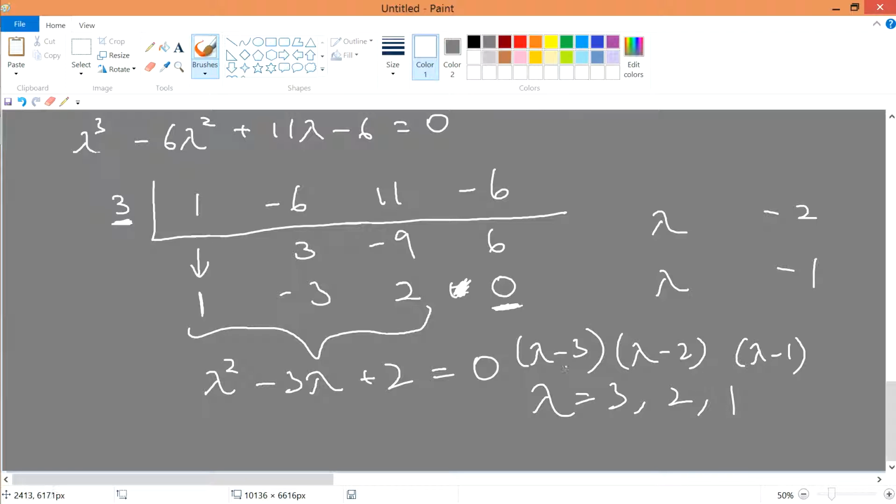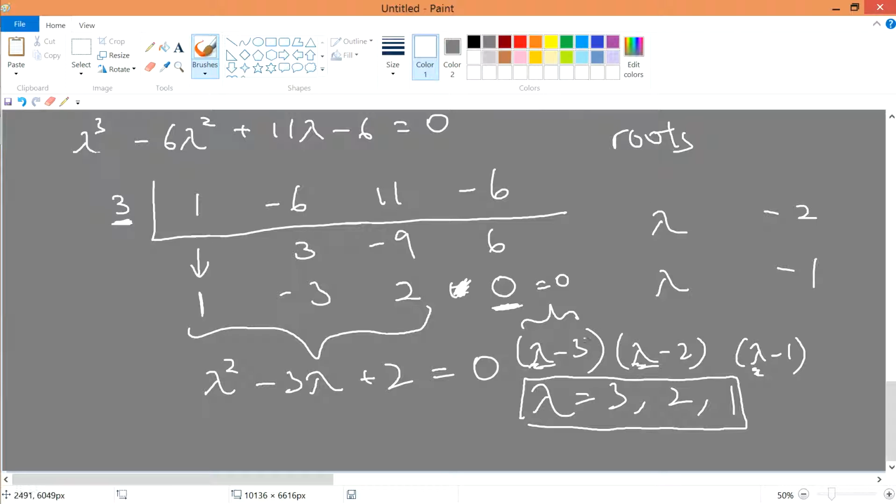So the roots, what it means is what makes this thing equal to 0. If lambda is 3, then 3 minus 3 is equal to 0. This is the meaning of the roots. Normally when they say roots, it means these values over here, so be very careful.